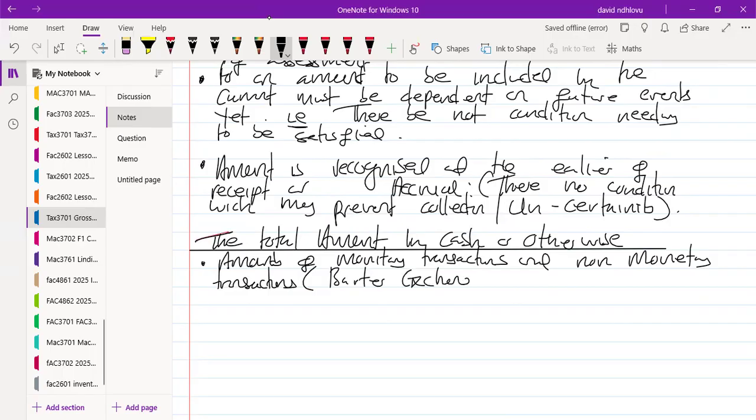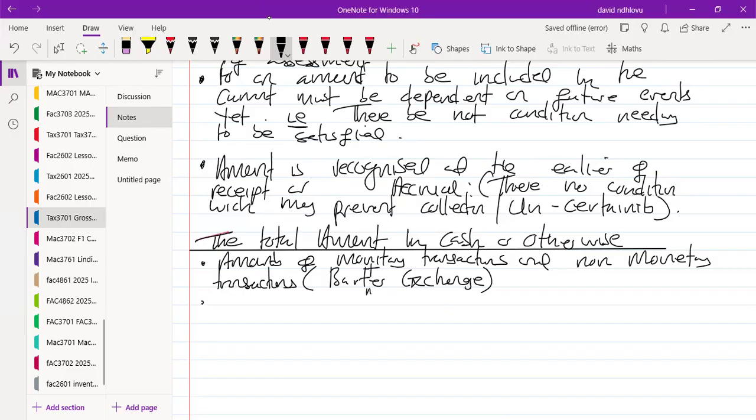When entities transact, they can transact in monetary terms. You deliver a product, you charge a cash amount, and you receive cash. So that's in cash. Or otherwise, instead of receiving cash, you do barter exchange. I think barter exchange must have a double T there.